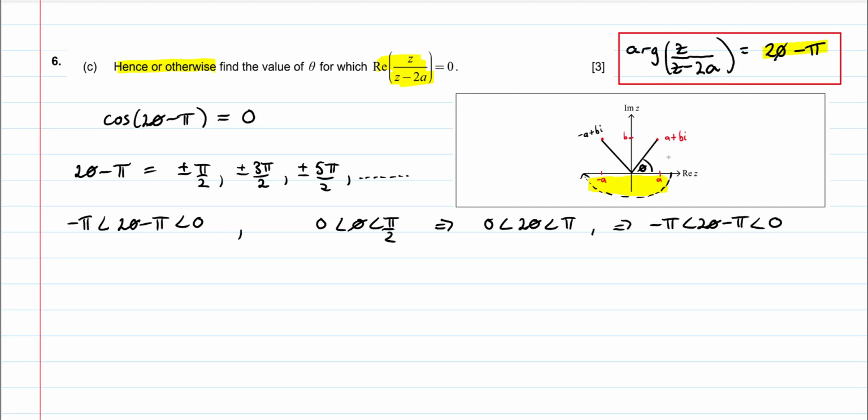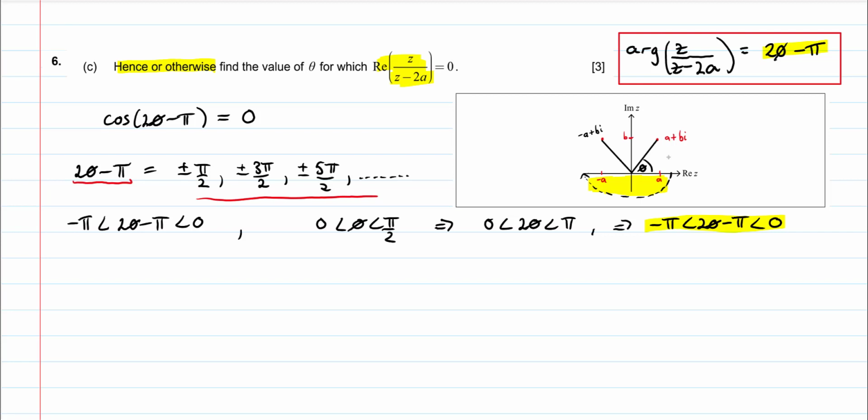So coming back to our problem, 2 theta minus pi, which I just underlined in red, is equal to one of these things here. Which one is it? Looking at our inequality, we know it has to be between 0 and negative pi, so greater than negative pi, less than 0.